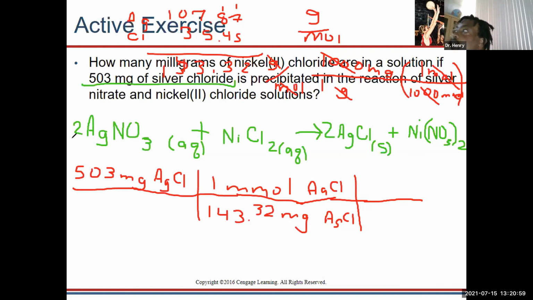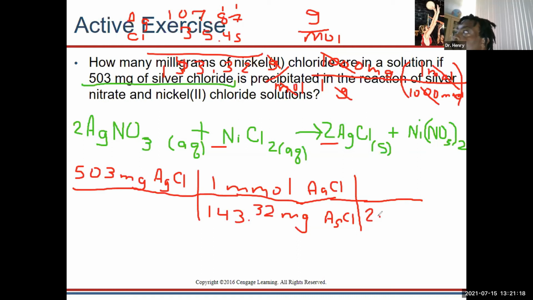So what is the ratio of silver chloride to nickel 2 chloride? We're going to use the chemical equation. So I have millimoles.